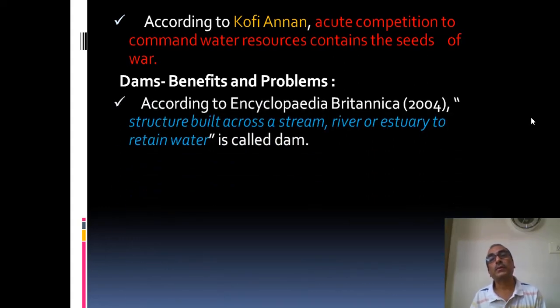According to Encyclopedia Britannica, a structure built across a stream, a river or an estuary to retain water is called a dam. An estuary is a region where the river joins the ocean, where the salinity of the water is in between. It's neither fresh water nor seawater.